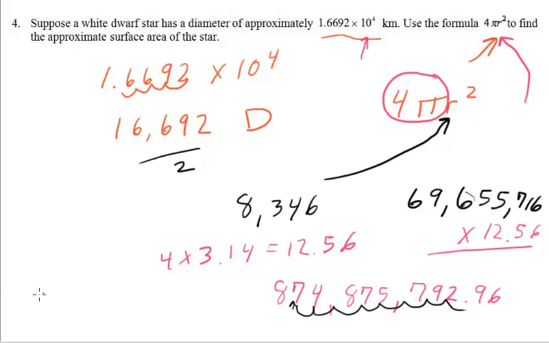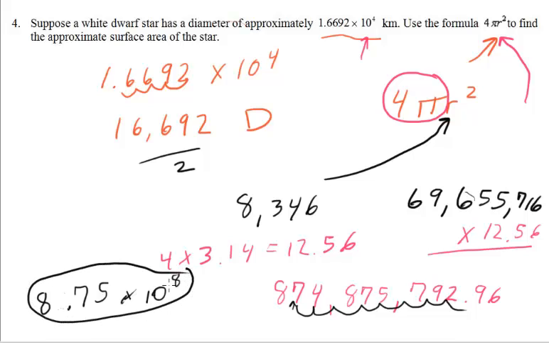So that's going to give me 8.75 times 10, and how many places I moved it? 8. So I've got 8.75 times 10 to the 8th power. And that is my answer for number 4.